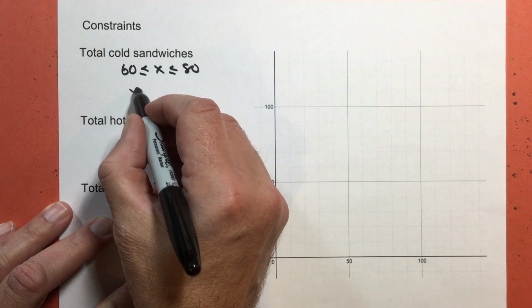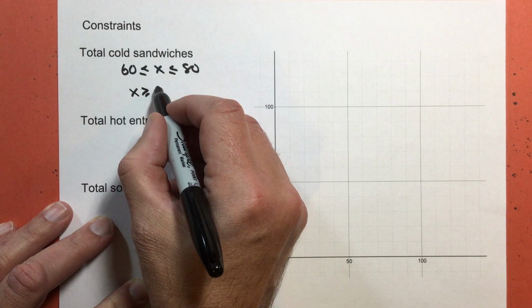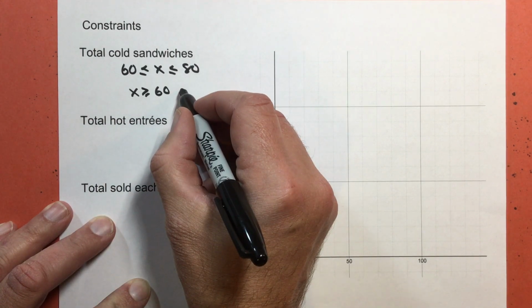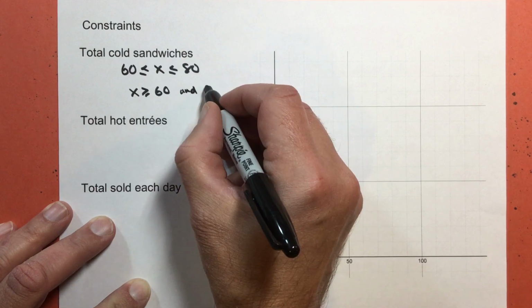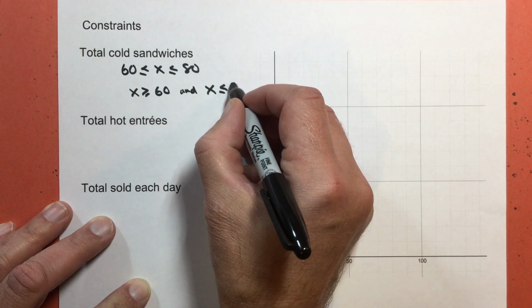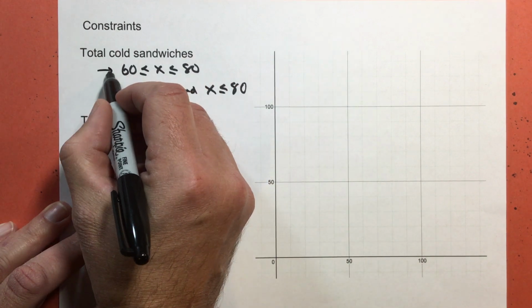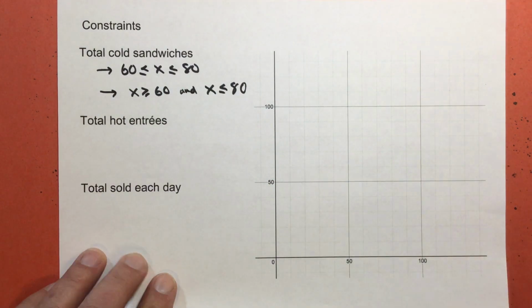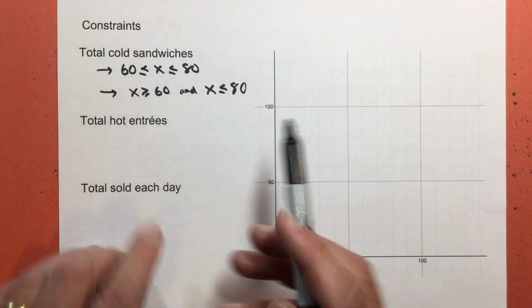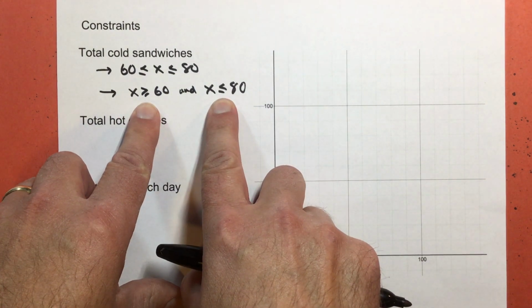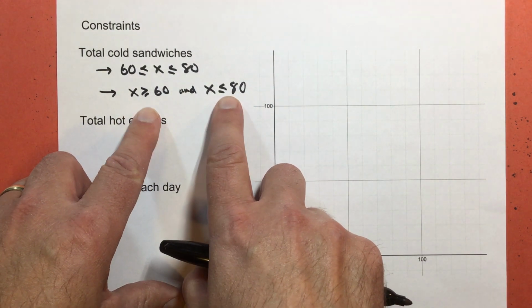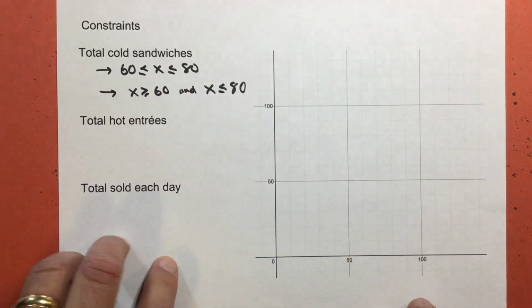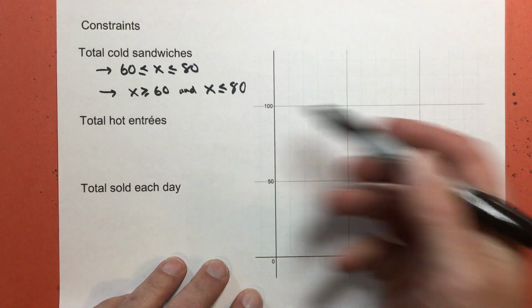Or you could write x is greater than or equal to 60, because that's what that means, and x is less than or equal to 80. We mentioned in the previous video, I don't care which one you do with that. When I graph these, sometimes it's easier if I graph it by hand this way, but Desmos will do both. Probably easier if I do this, but if you understand what this means, you can still graph it that way. And I'm going to go ahead and do it.